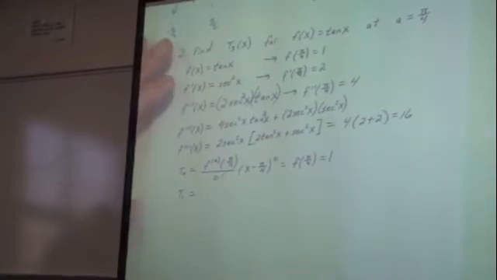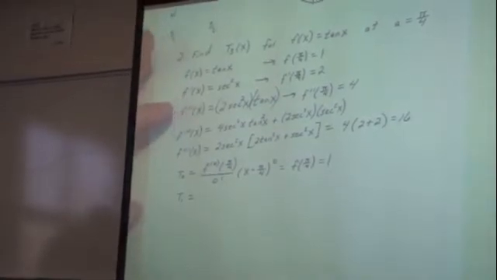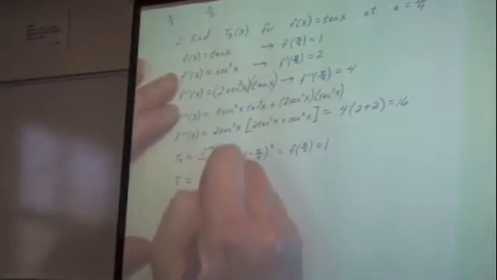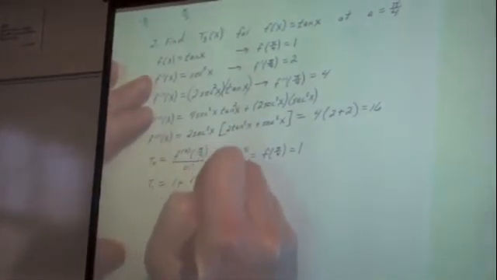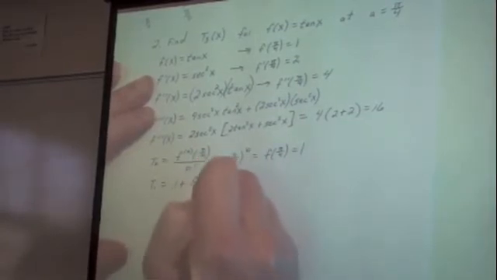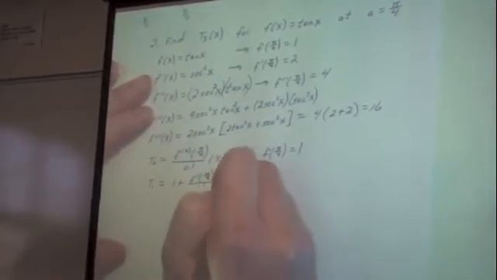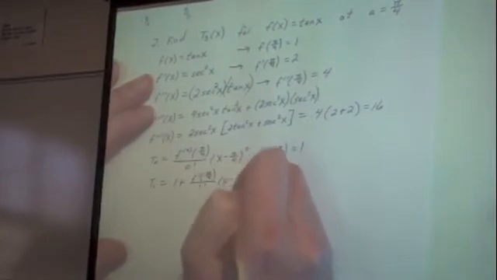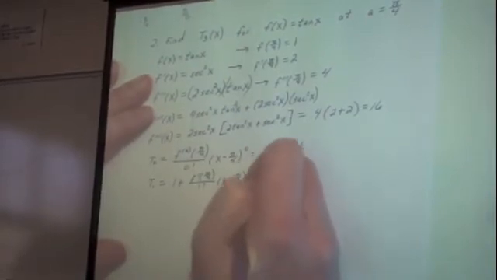The first Taylor polynomial, I could put T1 of x because it's going to be a function of x. I could say, well, that's going to give me 1 plus the first derivative evaluated at pi over 4, divided by 1 factorial times x minus pi over 4 to the first.